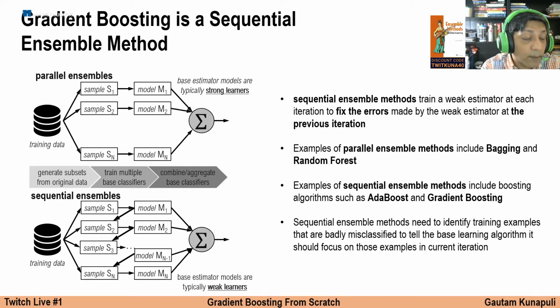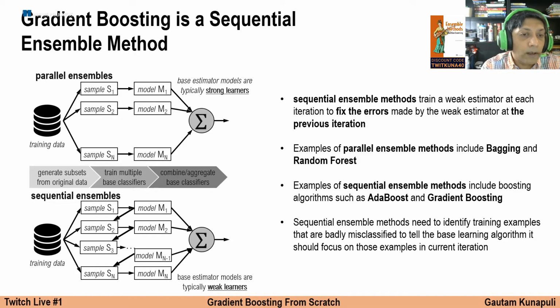And the other thing you want to keep in mind when it comes to these kinds of sequential ensembles, such as gradient boosting and AdaBoost, is that the base estimators, these models that you're training in every iteration, are typically weak learners. So a weak learner, in contrast to a strong learner, is basically a machine learning model that is not overly complex, that achieves reasonable performance.